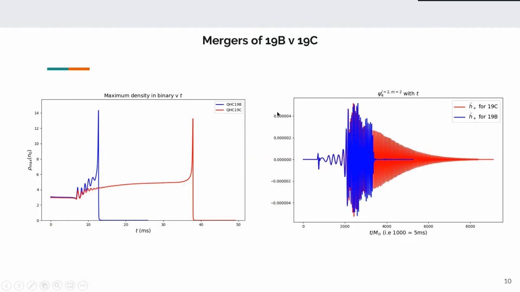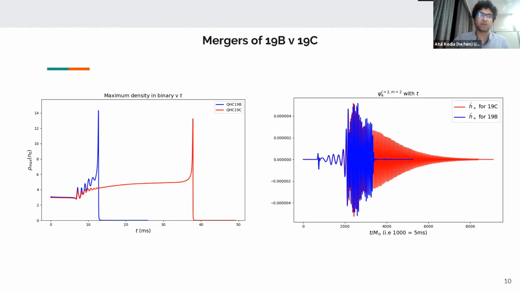But yeah, thank you. So now just comparing the 19B and 19C results once again. So I said the 19B has a much more prompt collapse to black hole. And that can be seen over here in the rho max plot and also in the gravitational wave signal, but we'll go to that later.